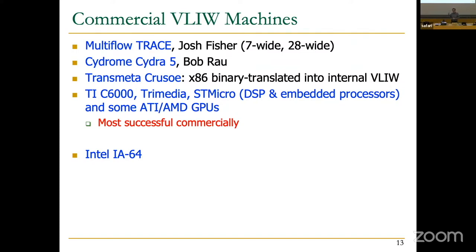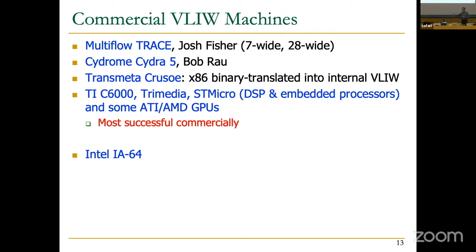Where VLIW has been very, very successful is where you could actually extract this parallelism relatively easily, in digital signal processing, for example, or embedded processors. These were actually where VLIW was quite successful. And also power limitations, like total power limitations of these devices are relatively low.